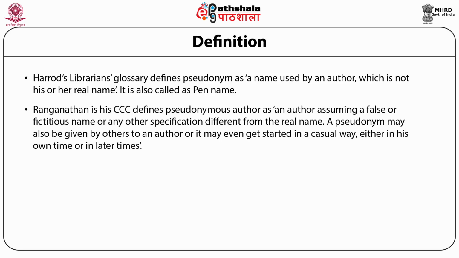A pseudonym may also be given by others to an author, or it may even get started in a casual way either in his own time or in later times.